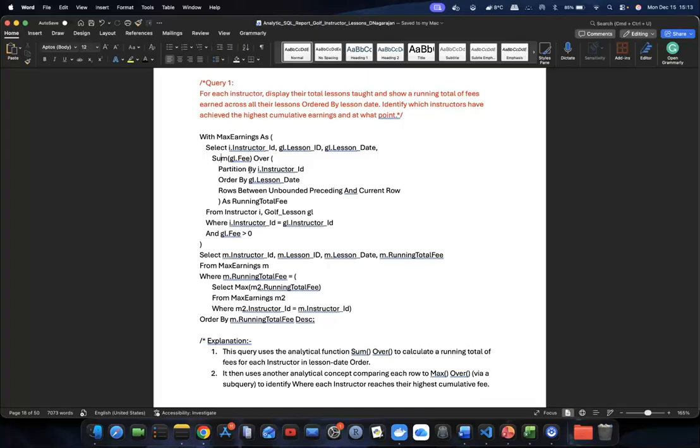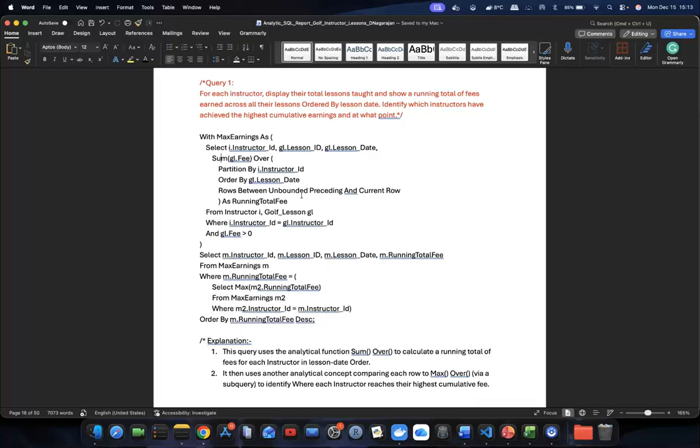ORDER BY sorts the instructor's lessons by date, and ROWS BETWEEN UNBOUNDED PRECEDING AND CURRENT ROW says: starting from the very first lesson, keep adding fees up to the current lesson.